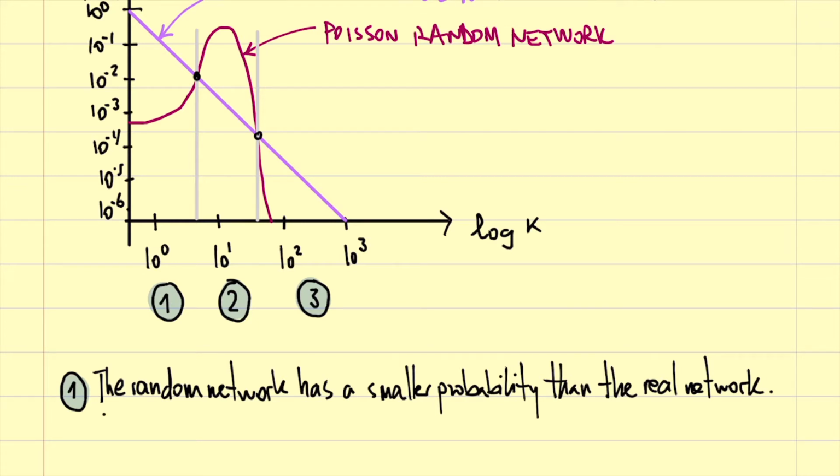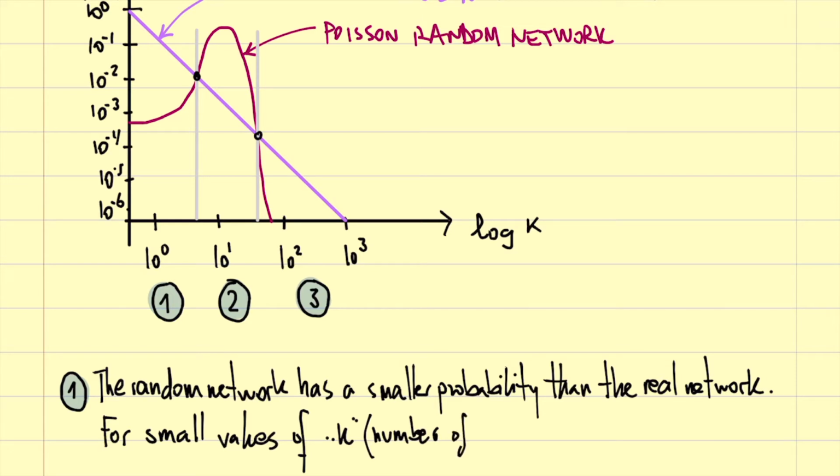So for small values of k, number of neighbors, the random network has a smaller probability than the real network.